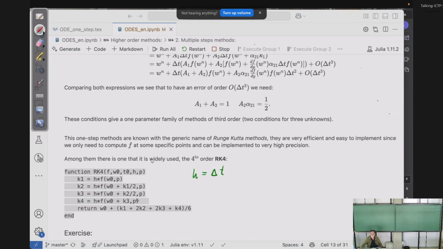And so after you do these midpoints, you get the K3 and compute the whole step with K3, and then you average them in this way with some weight. So K1 plus 2K2 plus 2K3 plus K4, and this gives you a fourth order method. So the error here is delta t to the 5.